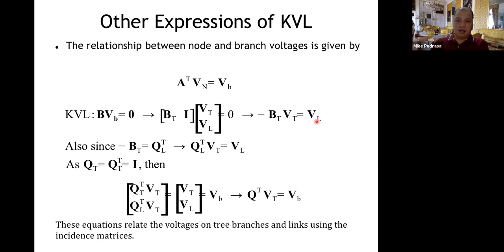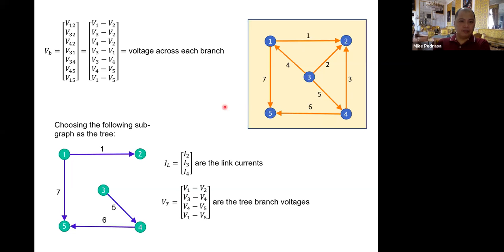Okay? So I hope you will agree with me that the voltage across this link can be written in terms of the voltages on those branches. In fact, the voltage across that link is just equal to this voltage here plus that voltage there plus that voltage. Diba? This is a link, ano? Yung branch na nandyan, link yan.